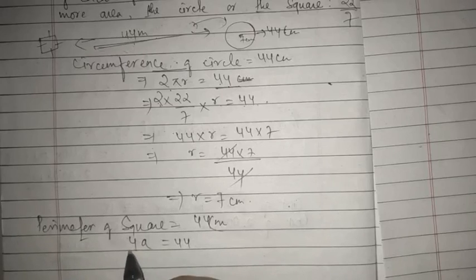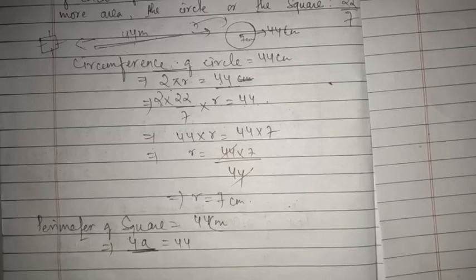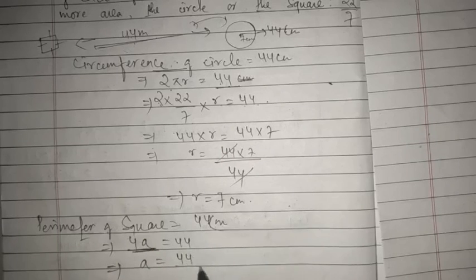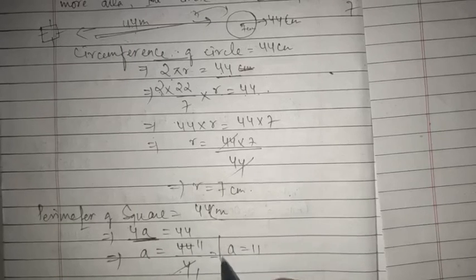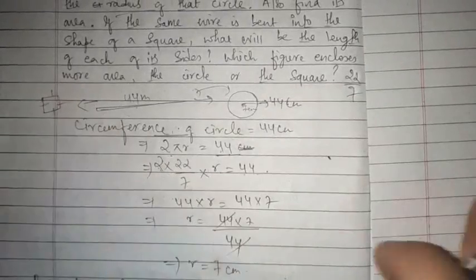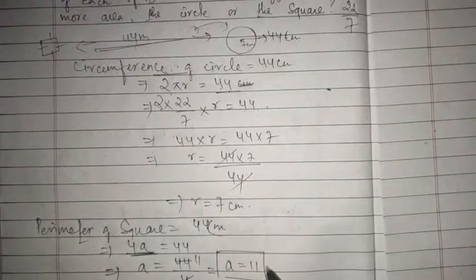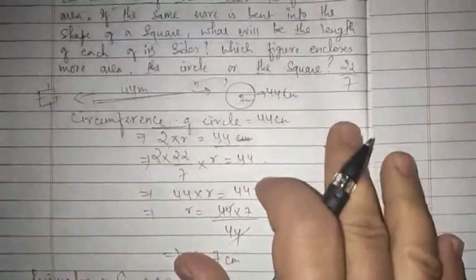I am using the formula here with the value given, 44. So now we have to find the side. a is equal to 44 by 4. This 4 will come down. 4 1s are 4, 4 11s are 44. So the a value is 11. That is, each side consists of 11 centimeter. Here you have to use the unit, which is very important.